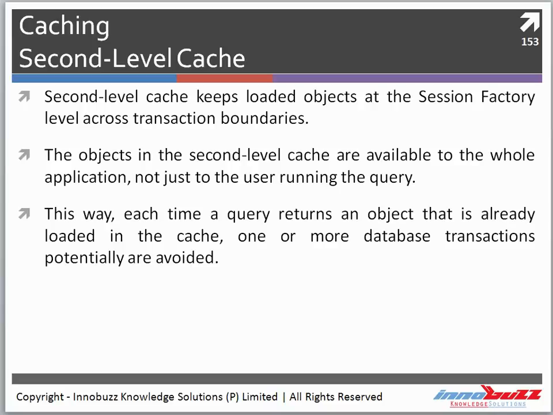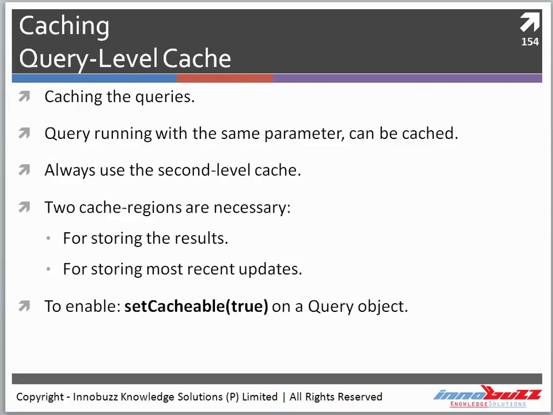An org.hibernate.cache.CacheProvider interface is provided, which must be implemented to provide Hibernate with a handle to the cache implementation. Query level cache. This is an optional feature and requires 2 additional physical cache regions that hold the cached query results and the timestamps when a table was last updated. This is only useful for queries that run frequently with the same parameters.